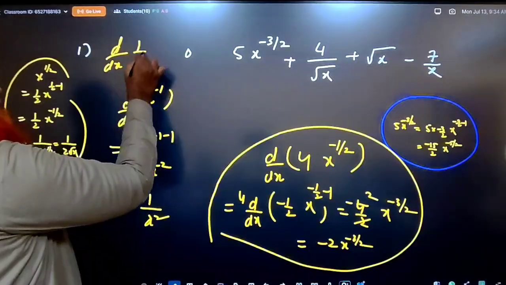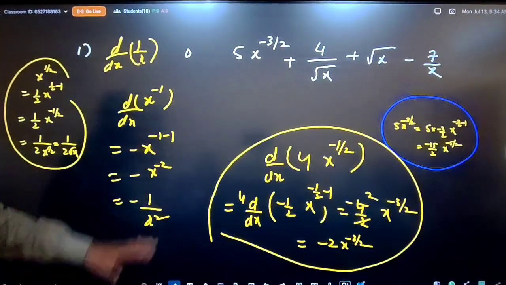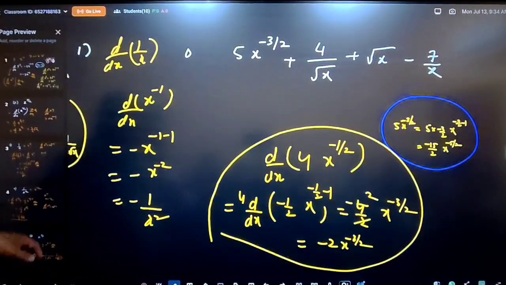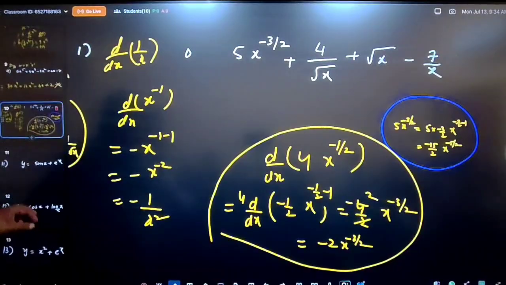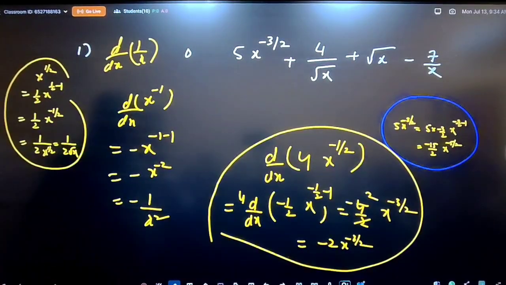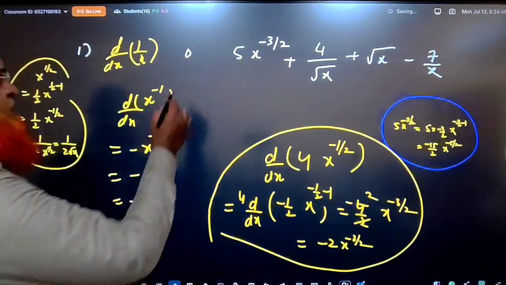Whenever you get differentiation of 1 by x, directly you can write minus 1 by x squared. No need to write all these things because you are habituated; you have done this many times. So hope you understood this one. Then what you will do? Directly take and write all these things here.